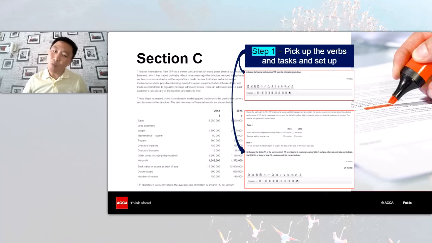Step 1, always go back to the requirement. Please read the requirement. Now, this time, please read it very carefully by picking up the verb. So if you look at part A, the top box at the right-hand side, what is the verb, guys? It is asked to assess.